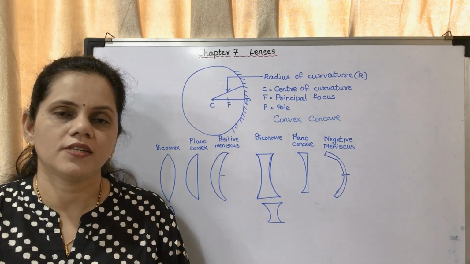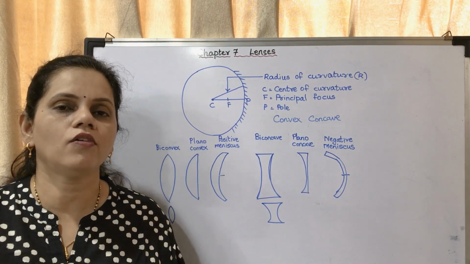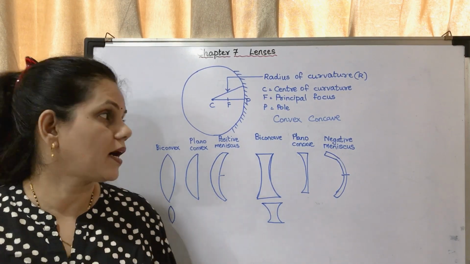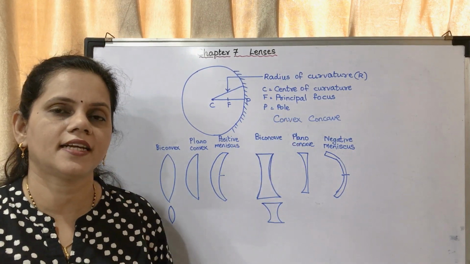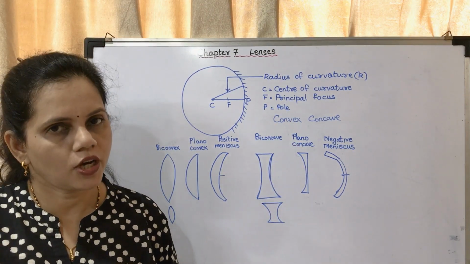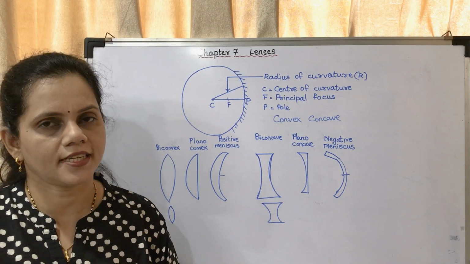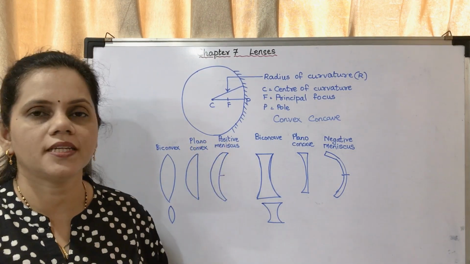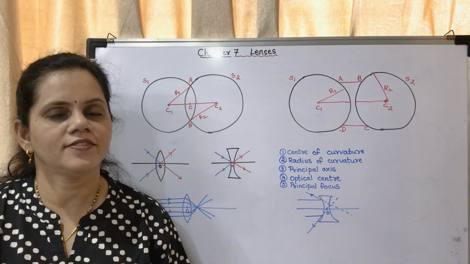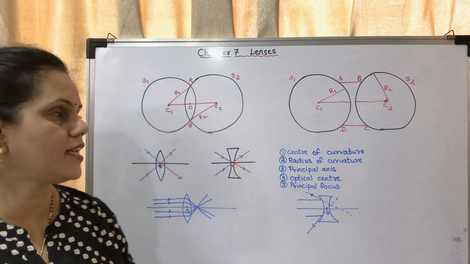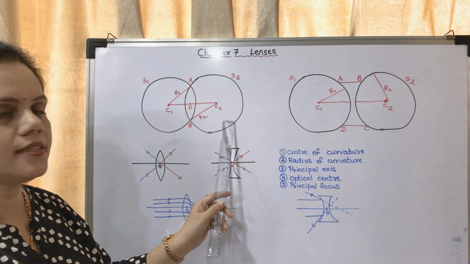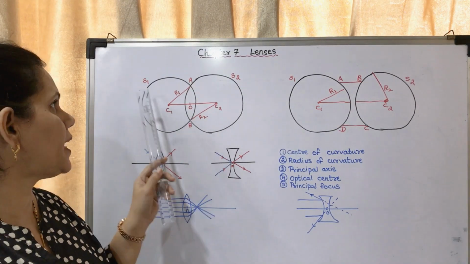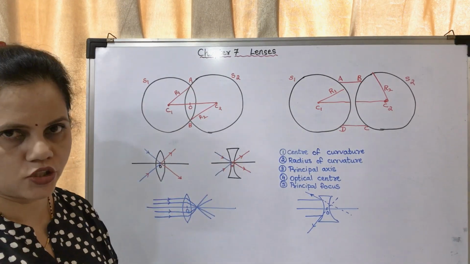Now we will study the cross section of lenses, the different parts of lenses, like those of mirrors. Just as we studied in mirrors, the same we have in lenses also. You may copy this. Now we will see the different terms related to lenses. Here, this is sphere 1 and this is sphere 2, named S1 and S2.